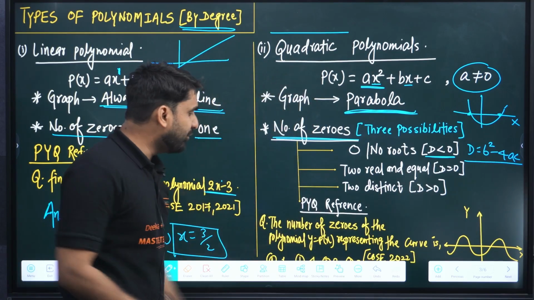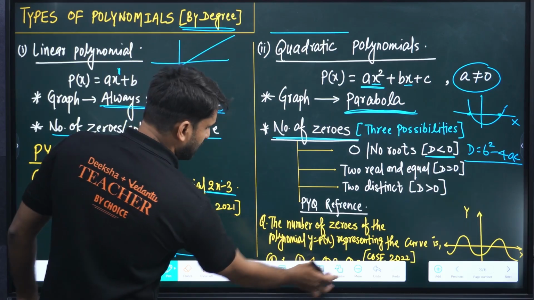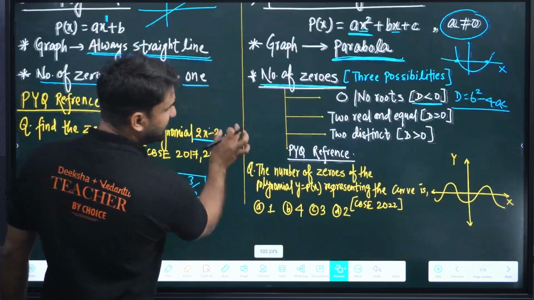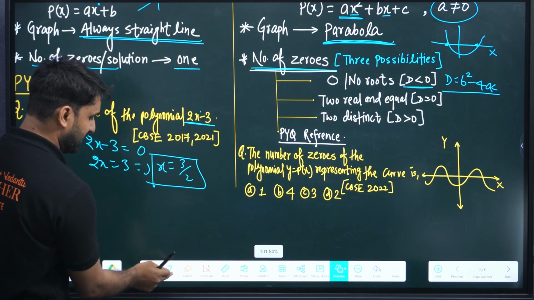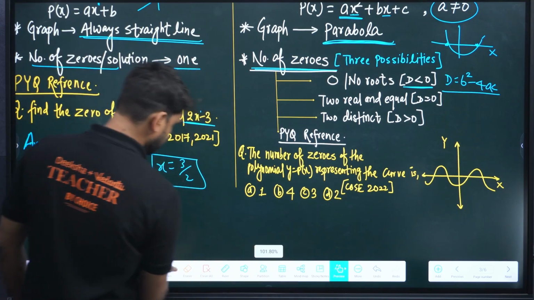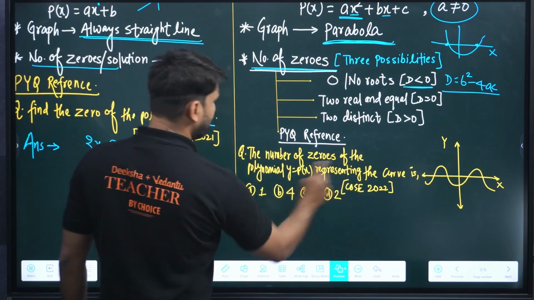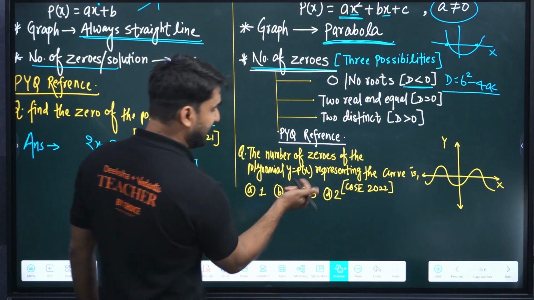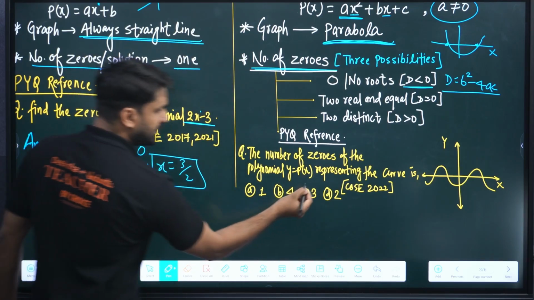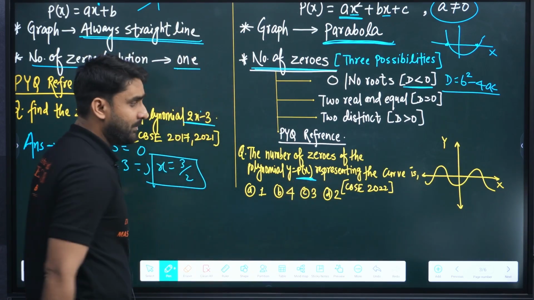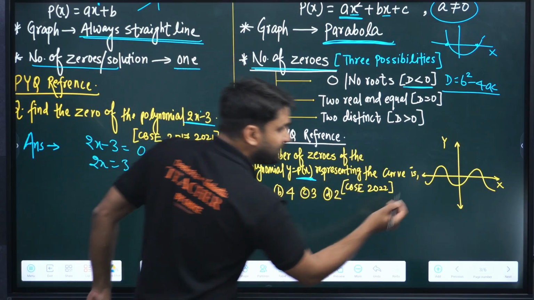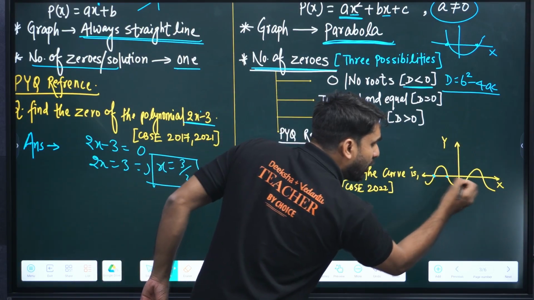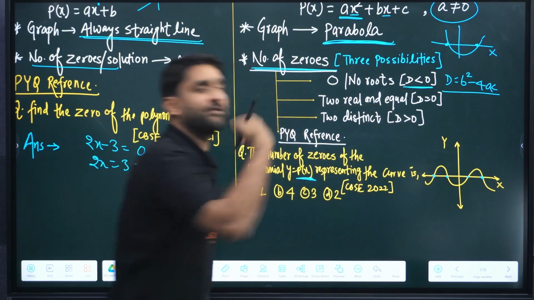Now, PYQ reference, the number of zeros. Look at the question, my dear. This question was asked in the year 2022. You can all see the question here. The number of zeros of the polynomial y equals p(x); here the polynomial is given in x form. We have to find the number of zeros. So look, my dear, the point of intersection on the x-axis is the number of zeros.